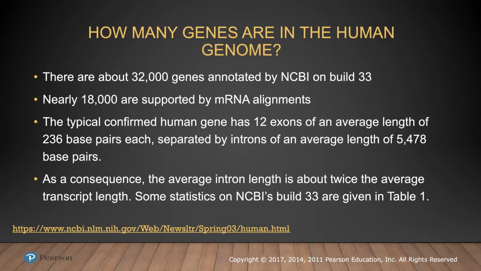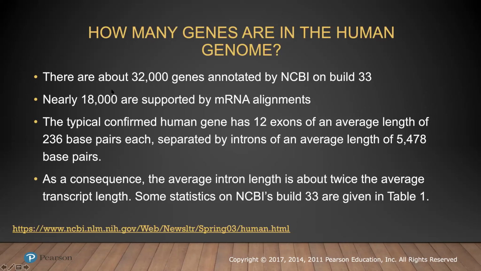What they were able to find in the human genome is that there are about 32,000 genes. And out of that 32,000 genes, about 18,000 of them have specific messenger RNA alignments, meaning that that gene can be transcribed into a messenger RNA transcript. What those other additional genes are is still under investigation, or they may be used for something else.